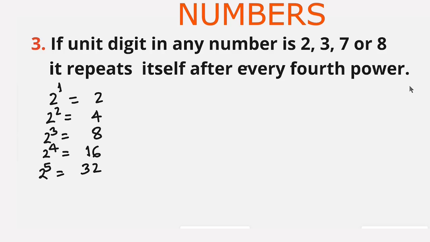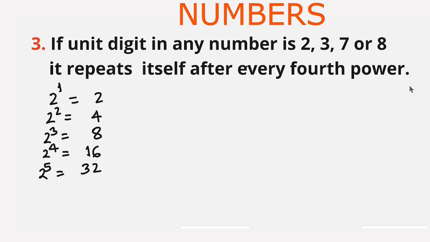So the ones place or unit digit at 2 to the power 1 is 2, and after the fourth power, the fifth power of 2 gives 32, which has the unit digit 2. So it repeats after every fourth power.